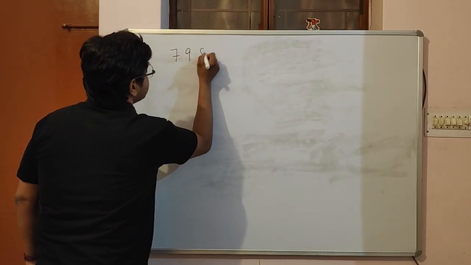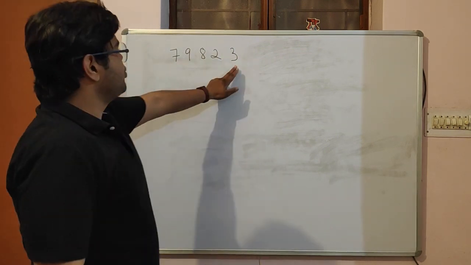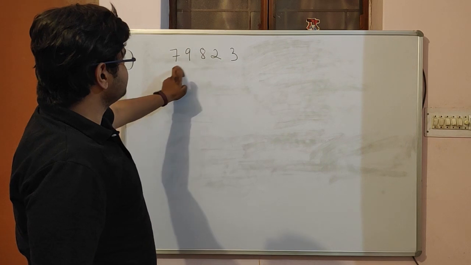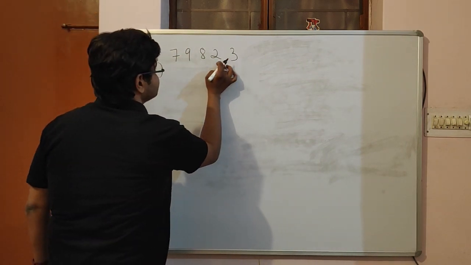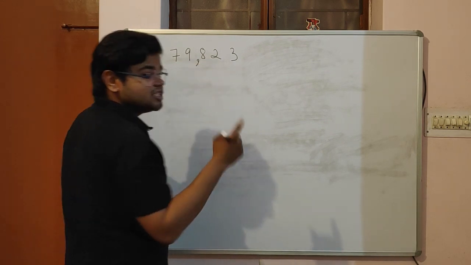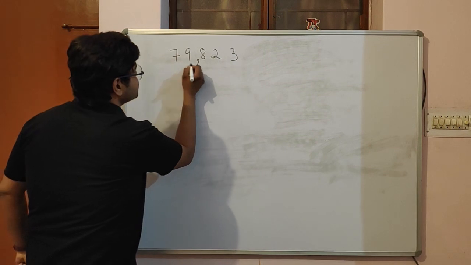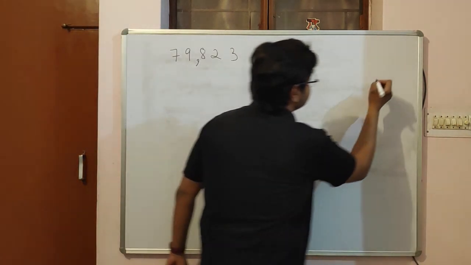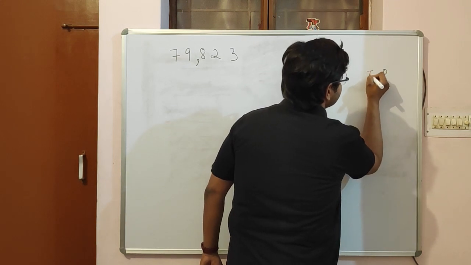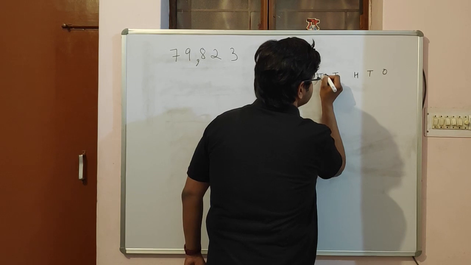79,823. How many digits are there? 1, 2, 3, 4, 5 digits we have in this number. These three digits, ones, tens, hundreds, belong to the ones period. And what about these two digits? They belong to the thousands period. Last time we discussed ones, tens, hundreds, thousands, ten thousands.